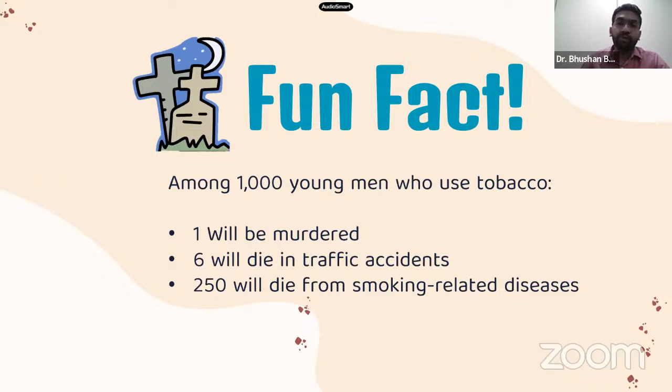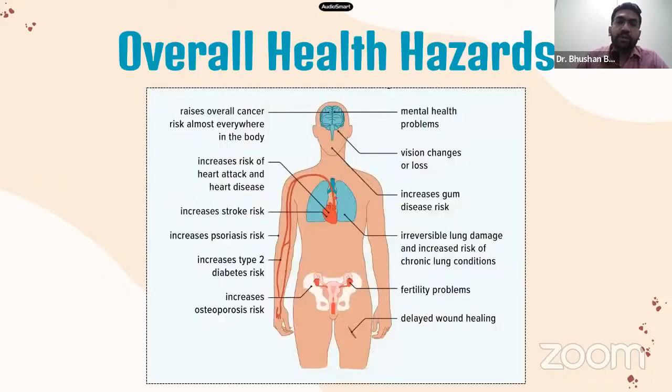This is a very huge number, more than the routine natural deaths. So if the Indian population stops consuming tobacco in any form, 20% of deaths occurring in our country would be decreased. So what are the overall health hazards occurring due to tobacco?